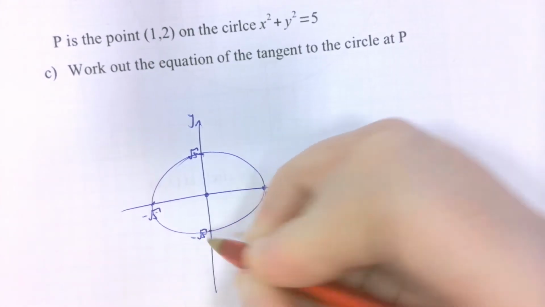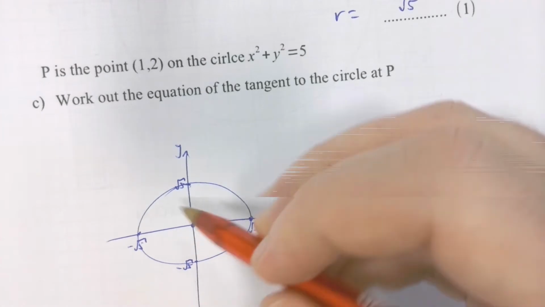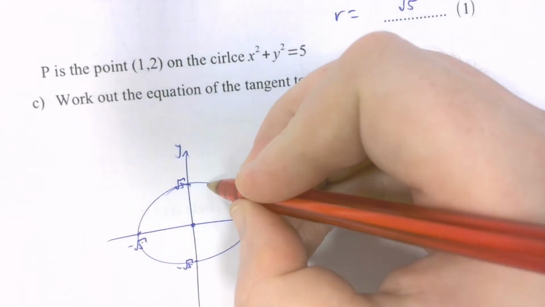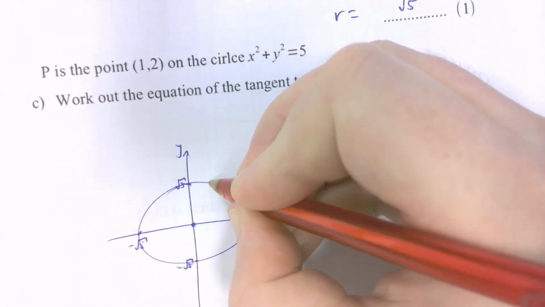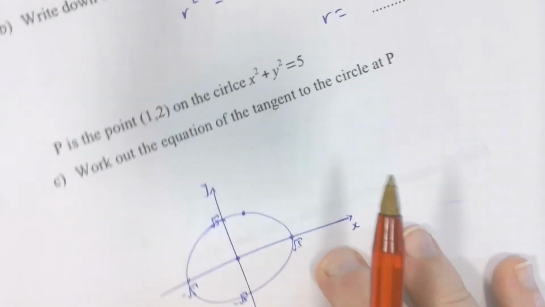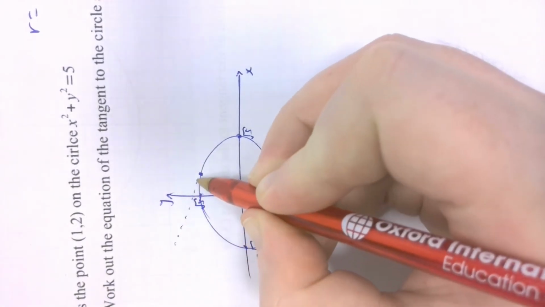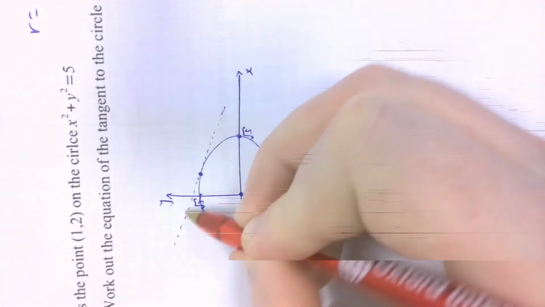Just a little sketch representing the circle. Now the point (1, 2) is probably somewhere up here. It doesn't have to be perfect, but we're looking for the equation of the tangent, in other words, the straight line that touches the circle at that one point.